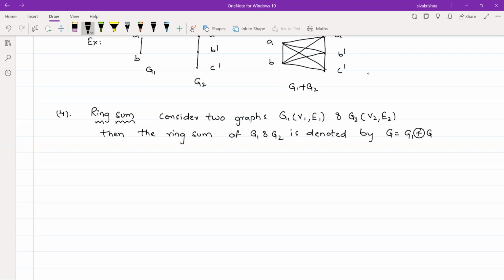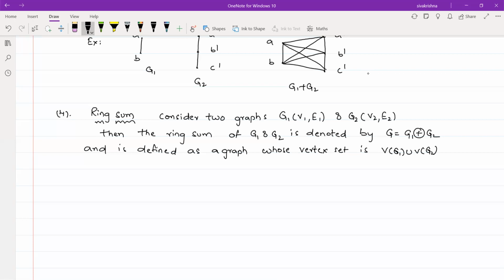The ring sum of G1 and G2 is denoted in this way, and is defined as a graph whose vertex set is V of G1 union V of G2.